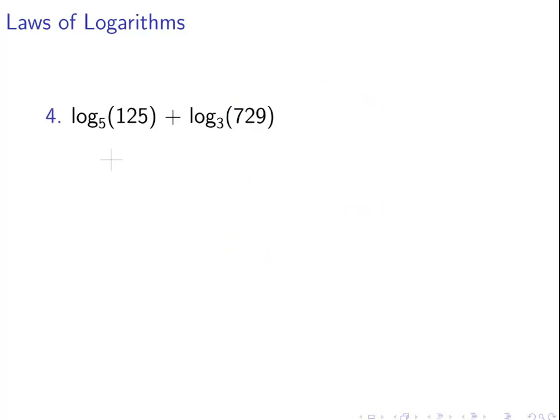This is a bit more like it now. We have different bases here. So 5 to the power of 3 is 125. And 3 to the power of 3 first off is 27.